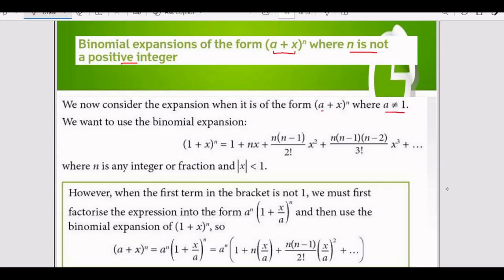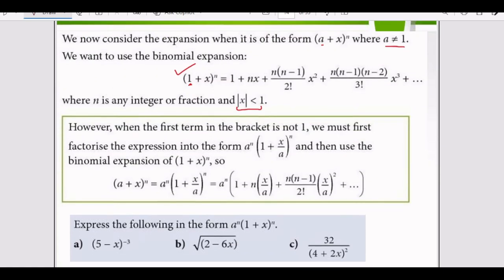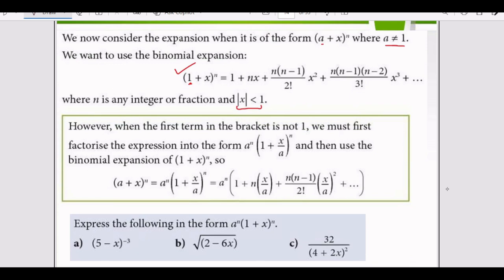So previously we have done this expansion. We will use this one, 1 plus x power n, that we have done just now, and now instead of 1 we have a.